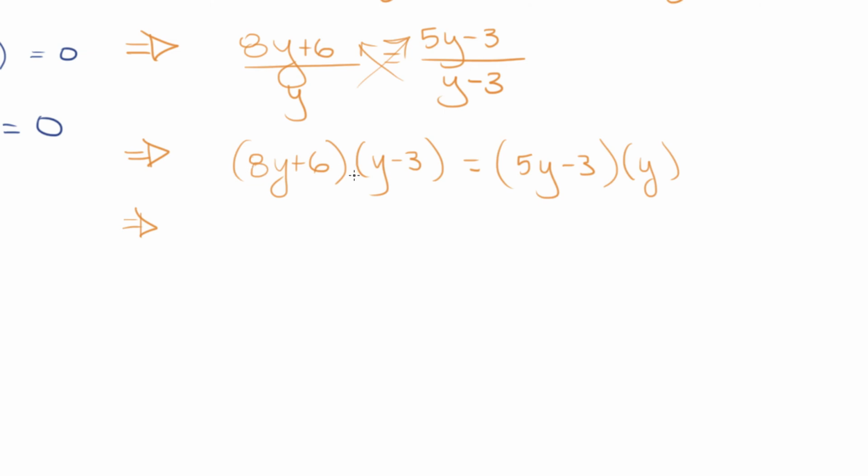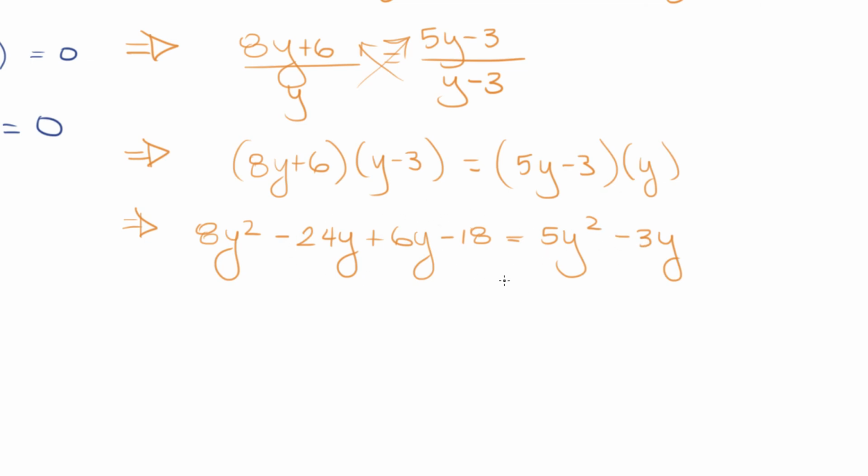So first, 8y times y is 8y squared. Outer, so 8y times negative 3 is negative 24y. Inner, 6 times y is 6y. And last, 6 times negative 3 is negative 18. On the right side, you just have to distribute. So 5y times y is 5y squared. And y times negative 3 is negative 3y.